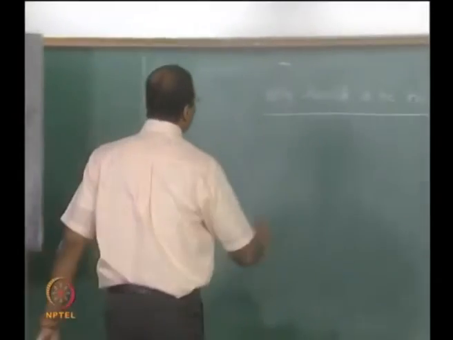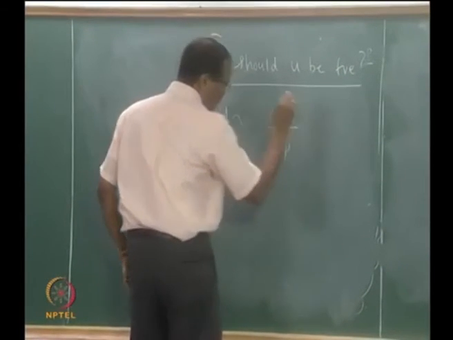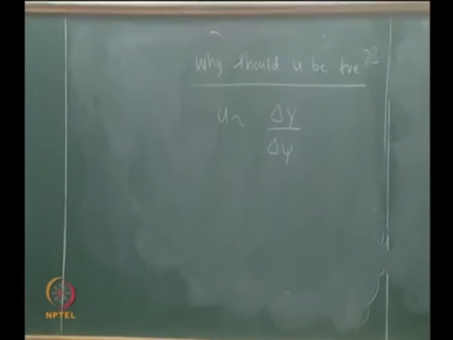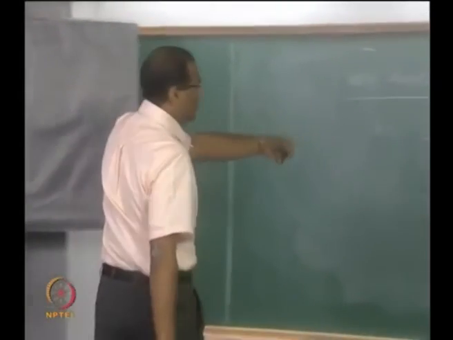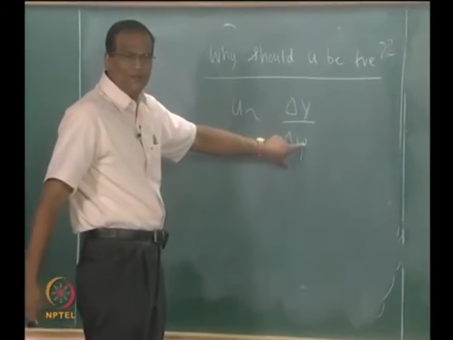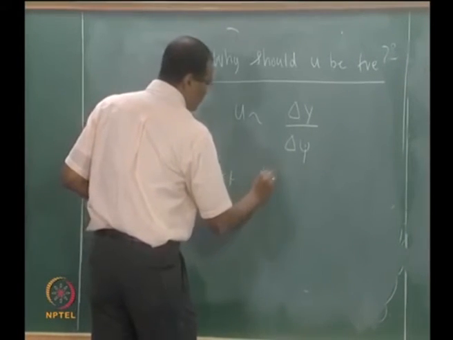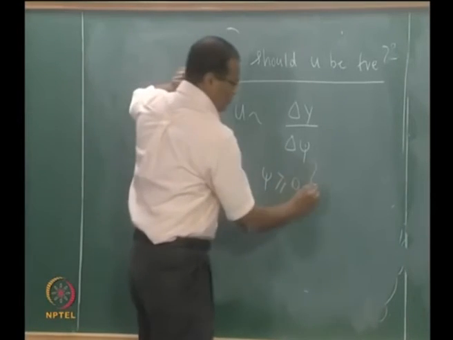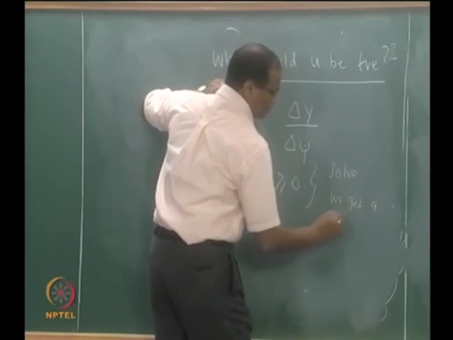It is very simple. u is also a sensitivity of the objective function with respect to the particular constraint. Watch, I am not using del phi, I am doing del y by del psi, because u corresponds to the inequality constraint. Let psi be greater than or equal to 0, solve, we get a feasible solution.